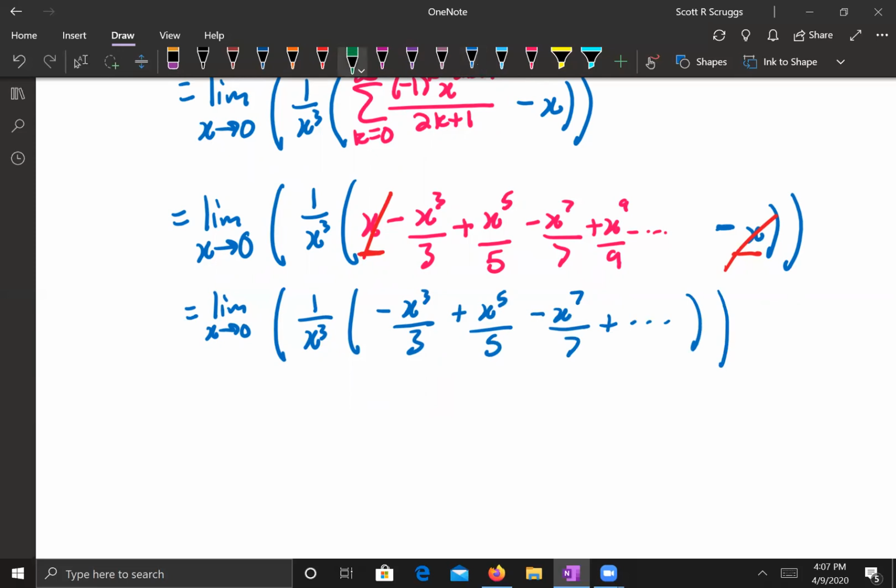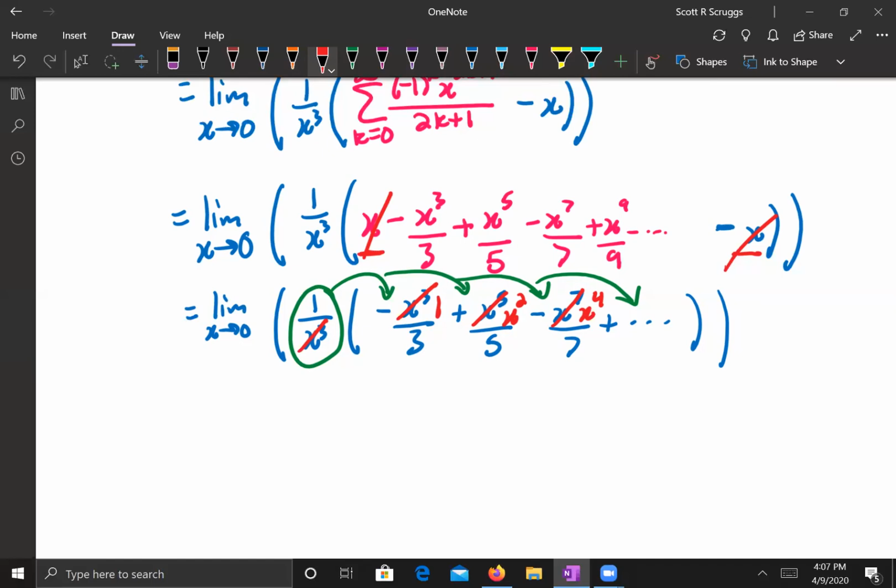And then my next step is I have a 1 over x cubed that I'm going to distribute to everything inside that parentheses. And what that's going to do is subtract 3 from all of those exponents that I currently have.